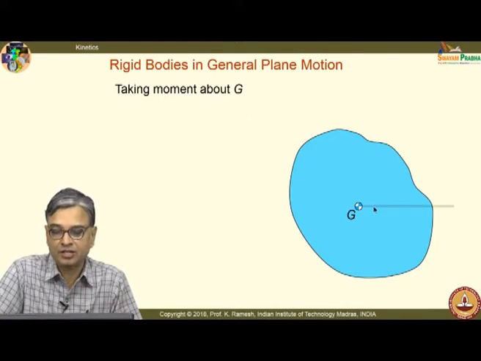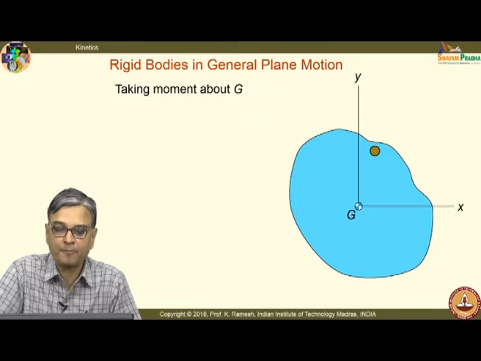That is the only difference. And take a moment about G, where G is the centroidal axis. Take a mass point and label it at a distance xi and yi, and find out all the forces acting on it.